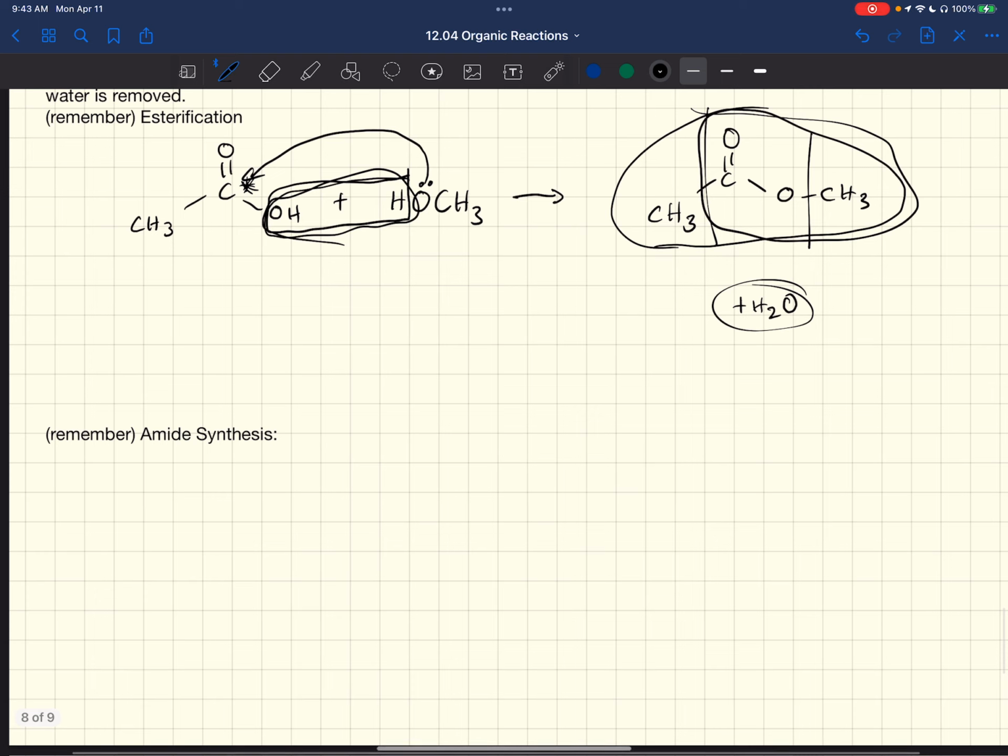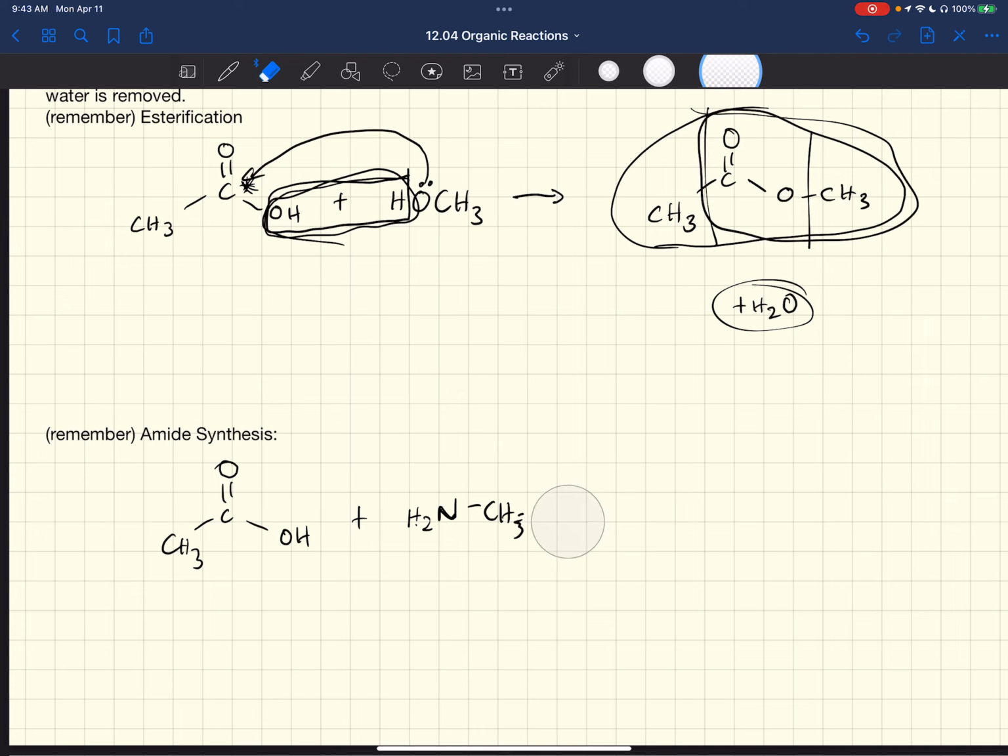The other one is an amide synthesis. So a carboxylic acid plus an amine, which has CH3. And we're going to eliminate water once again. We're going to get rid of this, and we're going to get rid of one of those hydrogens.